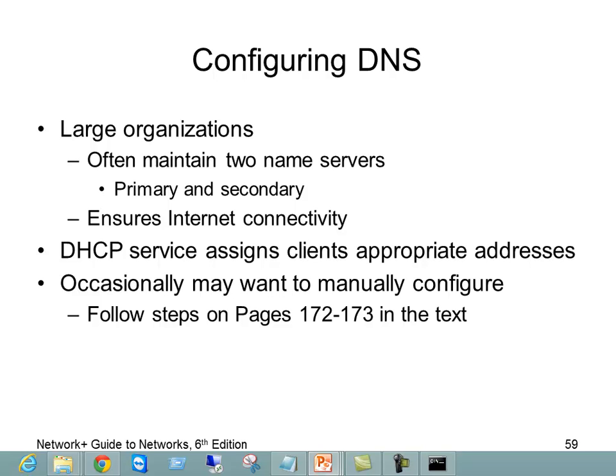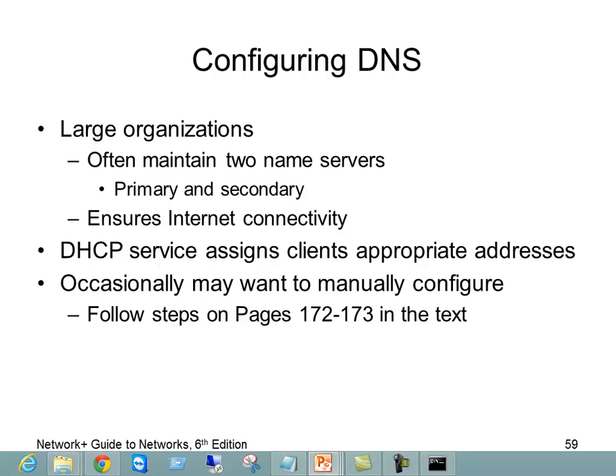All right, so if you are a large organization, you're probably going to run two name servers, a primary and a secondary, to ensure your internet connectivity. Here at Bipsy, we run more than two. There are two downstairs, but then almost all of the servers in the different closets for the different buildings have their own DNS server in them as well.